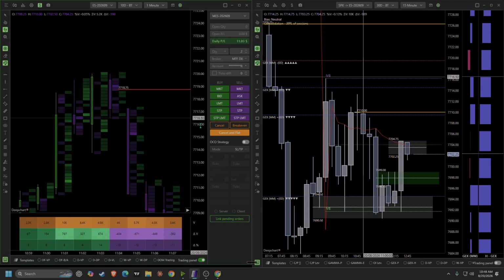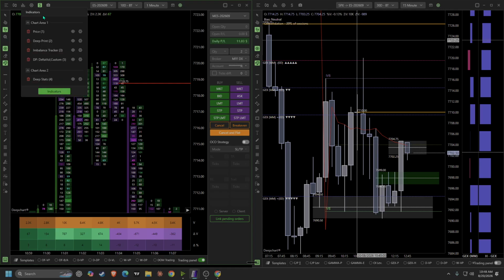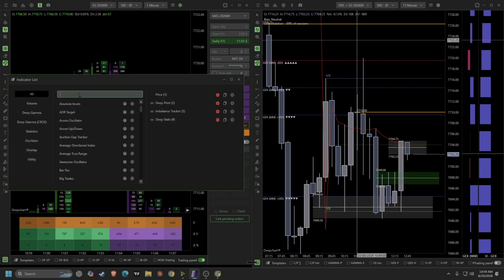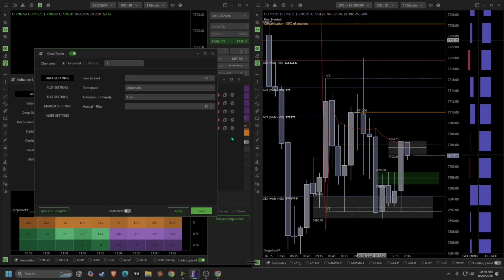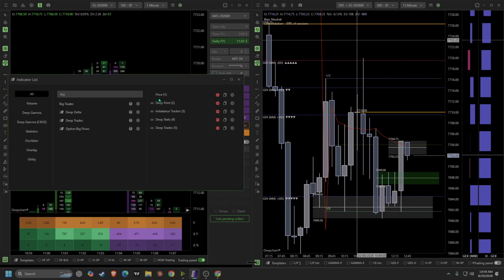One thing that I might be able to add on this chart that I don't believe is on here, we're going to add in a big trades indicator. What the big trades indicator shows you is aggressive buying or selling, aggregated trades from one individual. I said deep trades, I want big trades.